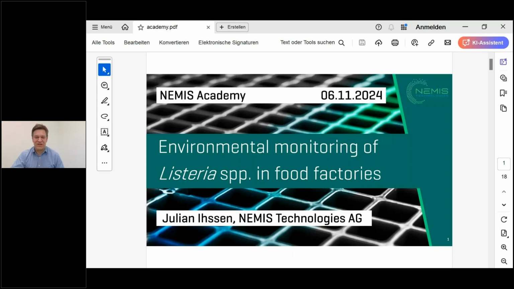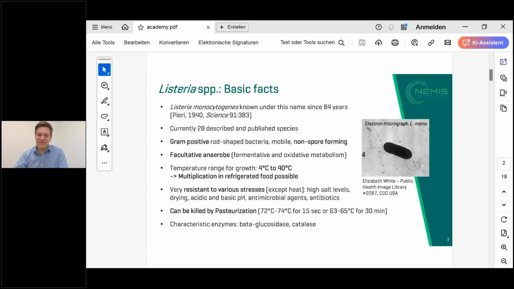First, I would like to introduce some basic facts about Listeria SPP. The name Listeria has been known for 84 years already. A scientist called Mr. Pirie introduced it in 1940. For a long time, only one species was known, the famous Listeria monocytogenes, which before was called Bacillus monocytogenes.